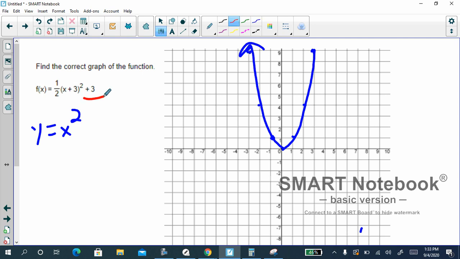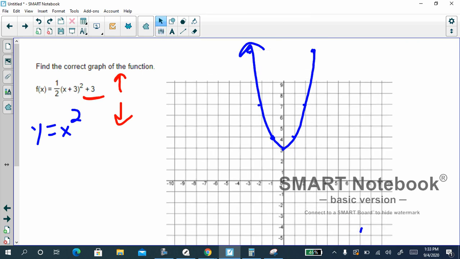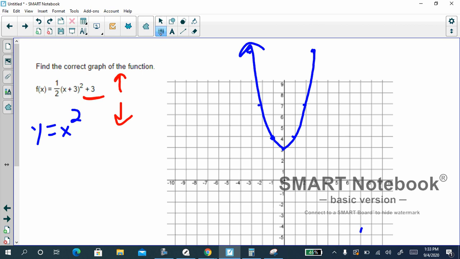If we add or subtract a number from the whole function, that makes our graph go up or down. If we're adding 3, it moves it up 3 units. So if we were to have x squared plus 3, then our new vertex, instead of being at the origin, would be here at 3.